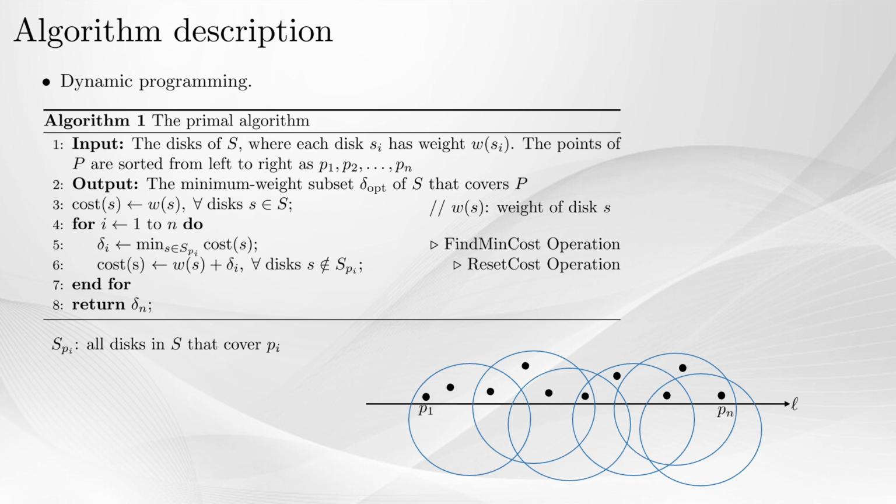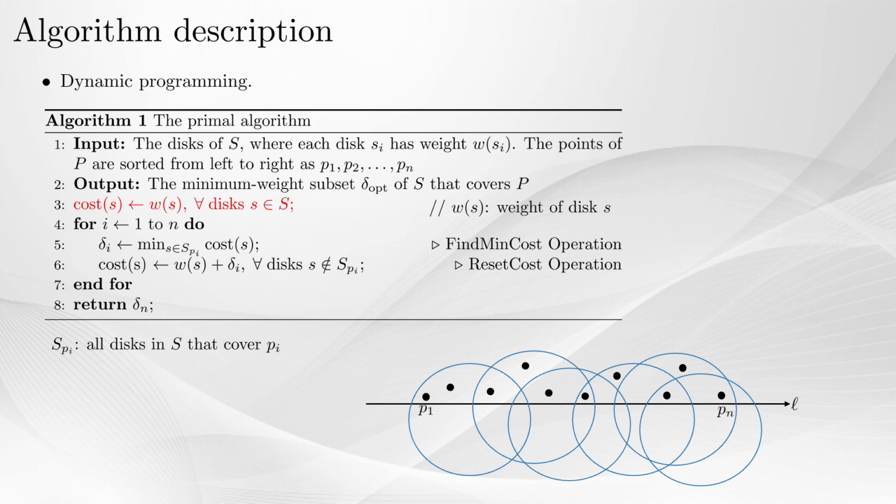Our objective is to find a minimal-weight subset delta OPT of S that covers P. Initially we have a cost variable for each disk of S. We use the weight as the beginning of the cost, and then we do the dynamic programming for each point from P1 to Pn.